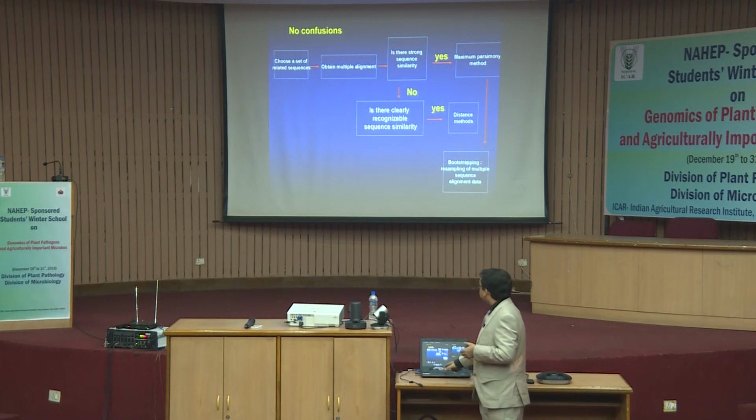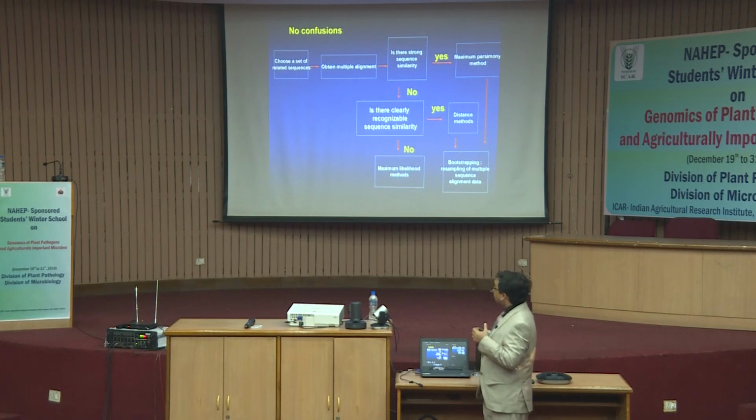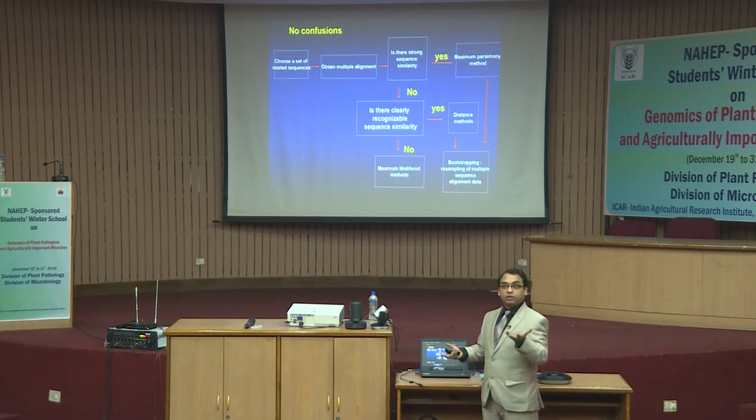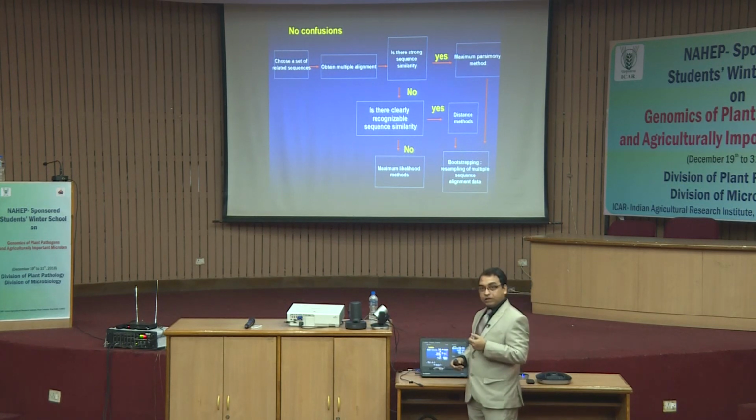Then again do the bootstrapping and generate the tree. And if there is no strong similarity at all, only 20% or 30% similarity, where the sequences are much more diverse and only a few are similar, again it is a character based approach, do the maximum likelihood method, do bootstrapping and generate the tree.